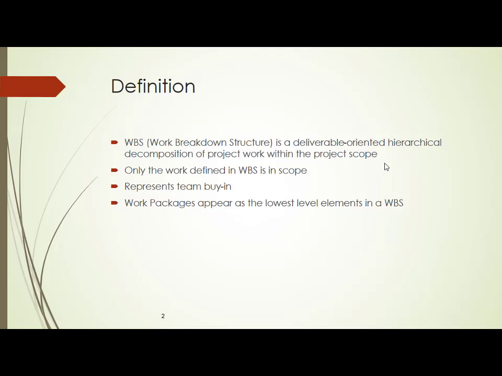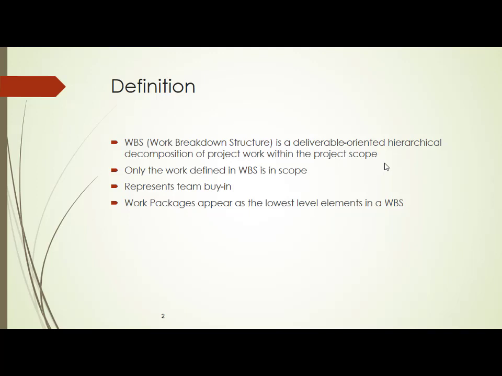Once you know the scope of that particular project, you have to break down that scope into meaningful parts. That meaningful representation of the project scope is called the work breakdown structure. Whatever is there in the work breakdown structure will be there in the scope.